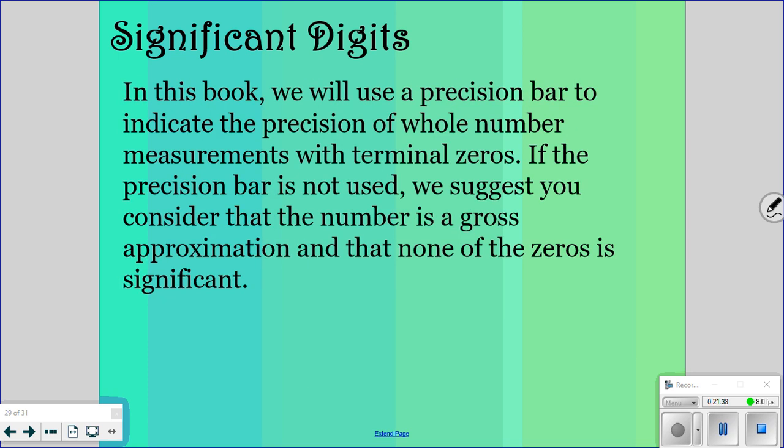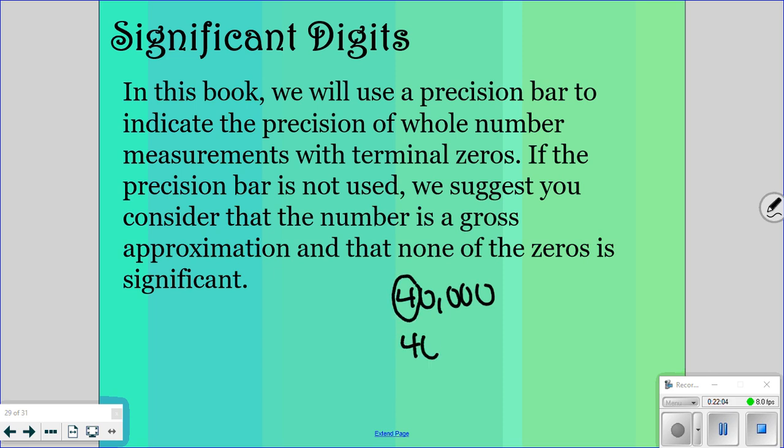Okay, so in this book, they also use a precision bar to indicate the precision of a whole number measurement with terminal zeros. So if the precision bar is not used, then the number is just an estimation, it's approximate, and none of those zeros are significant. So if you have 40,000, you only have one sig fig, this 4 right here.